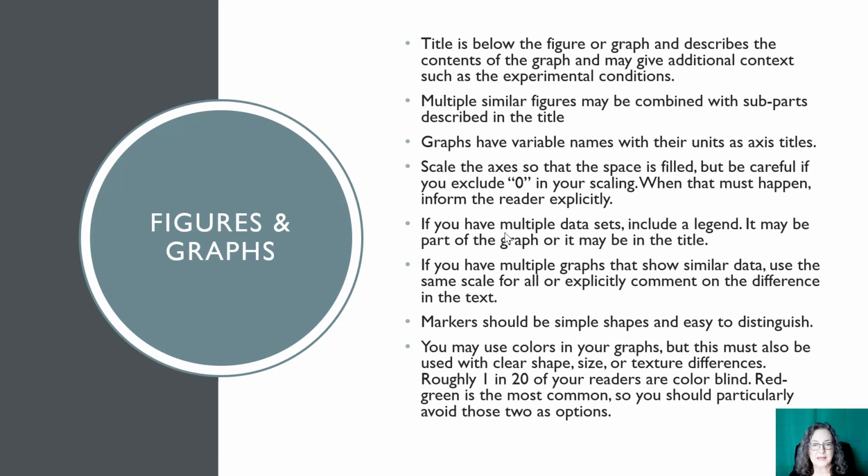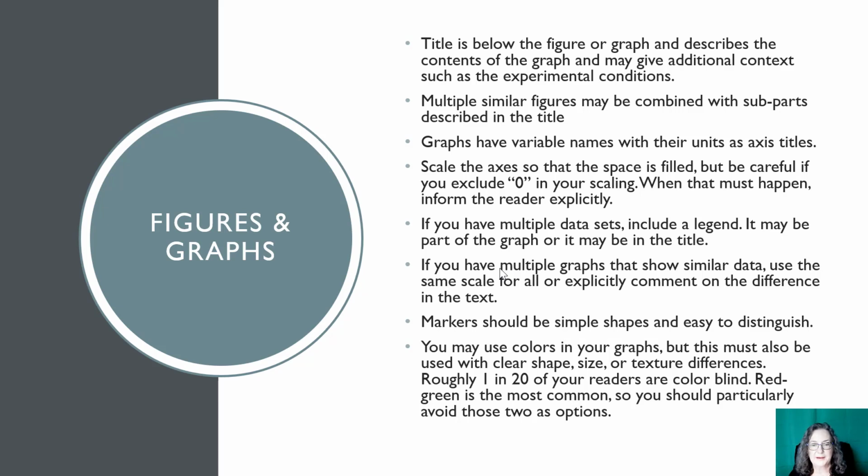If you have multiple data sets, you need to include a legend. It might be part of the graph, or you can put it in the title. If you have multiple graphs that show similar data, use the same scale for all of them, or else explicitly tell me that it is something different than that.